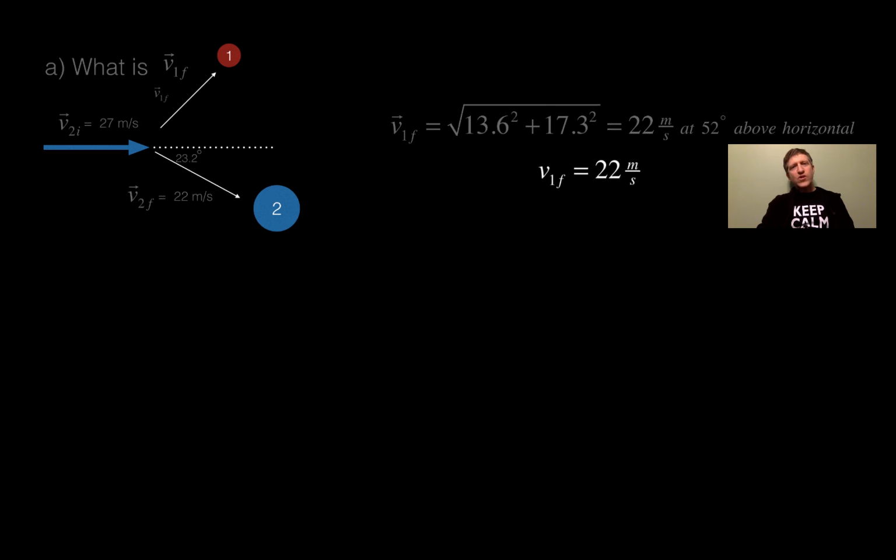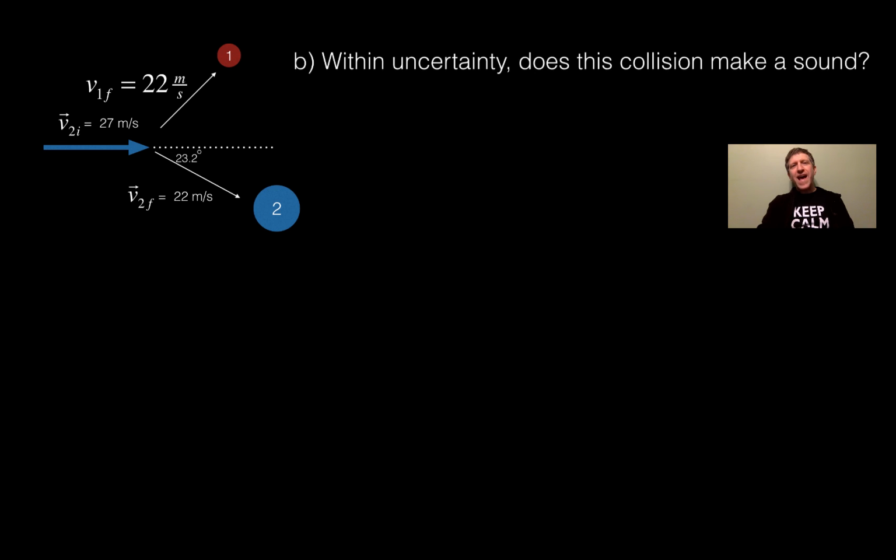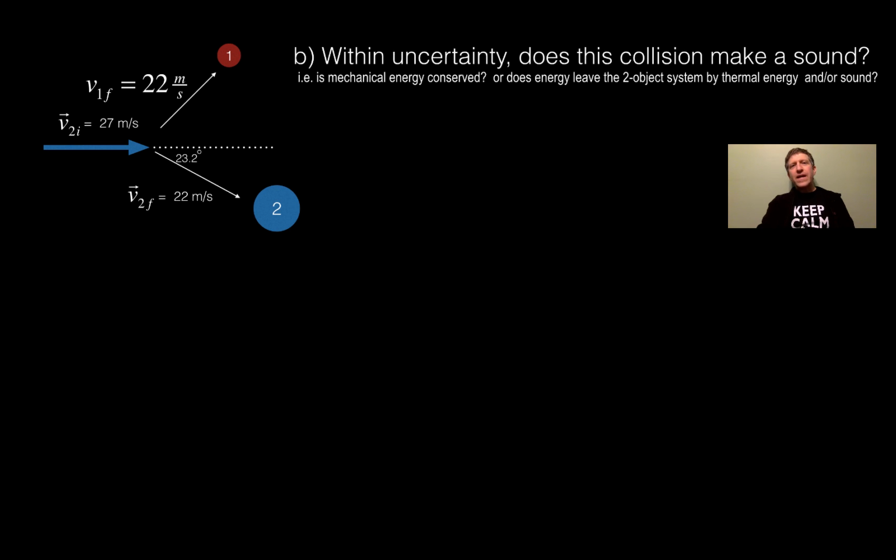The next question, though, is within uncertainty, does this collision make a sound? What's that all about? Really, what that's asking is, is mechanical energy conserved, or does energy leave this two-object system by thermal energy and/or sound?